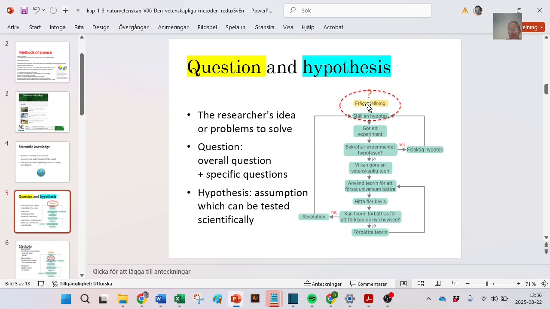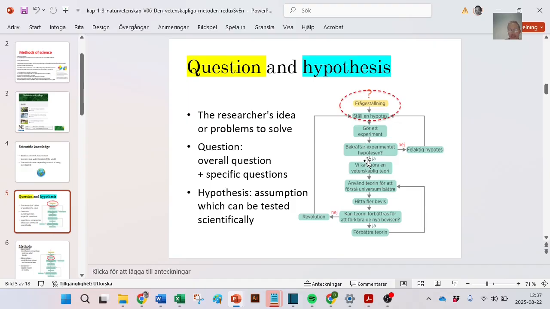And sometimes the experiment means that the hypothesis is valid, and then we can use it to contribute to our theory. But sometimes our hypotheses are just wrong, and then we're really done, and we make new hypotheses.